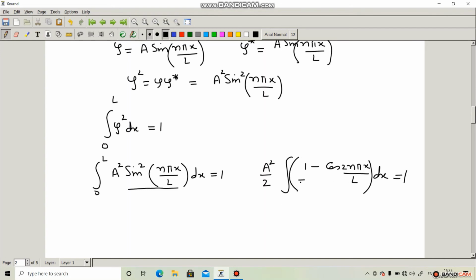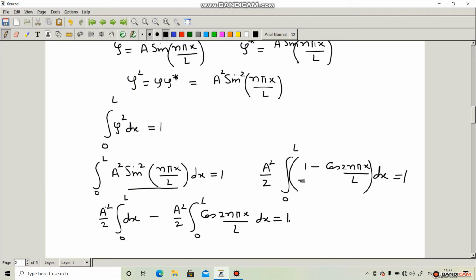And integrating 1, we can write a square upon 2 dx, with limit 0 to L, minus a square upon 2 integration 0 to L cos 2 n pi x over L dx equal to 1.